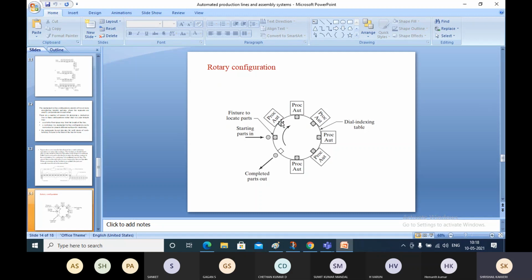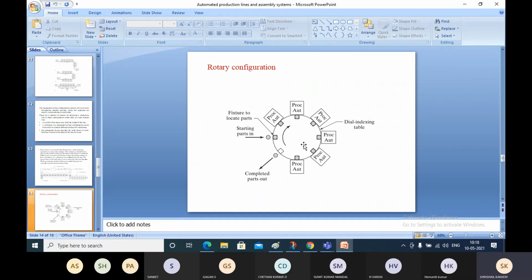While it is rotating segmentally, at each and every location, at each and every processing automation workstation, the assembly or processing will be done, based on whether it is an assembly station, processing station, or chemical station. The important thing is that it is a dial indexing table.